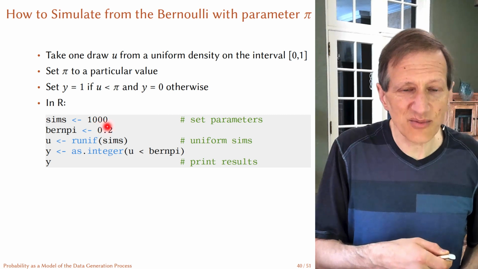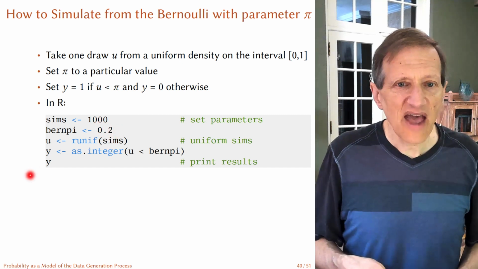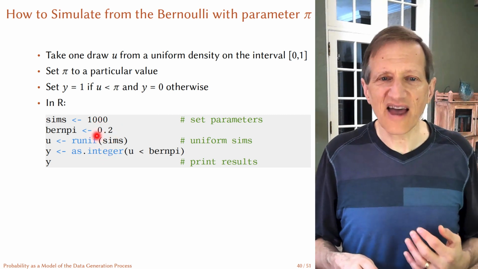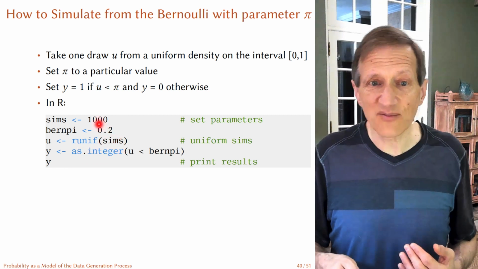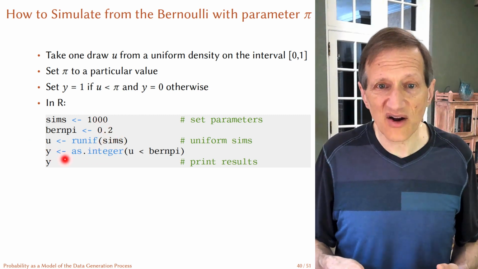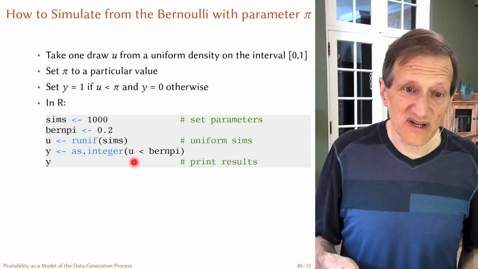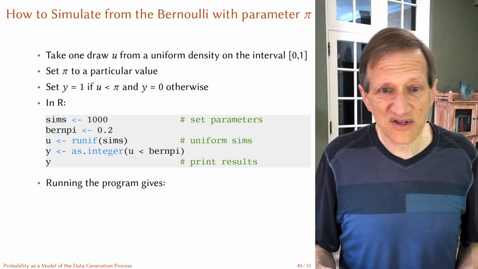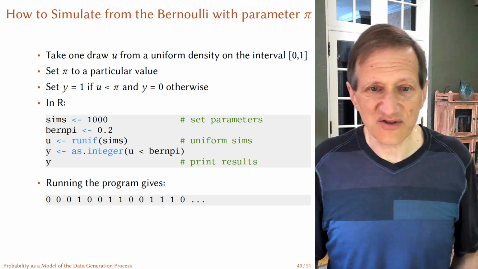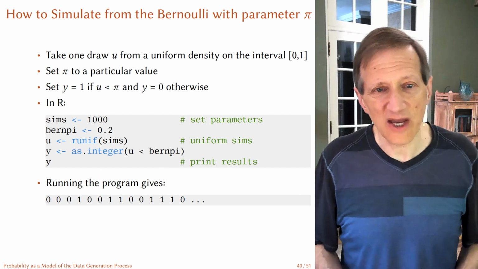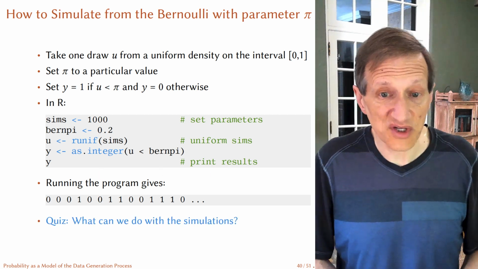Let's suppose we set it to 0.2. Then we have our RUNIF. We're going to get sims of them, which will be 1,000 of them, put them in there. And then if u is less than Bernoulli pi, we turn them into integers, we print the results, and we get lots of zeros and ones, etc. Okay, so that's how you get Bernoulli simulations.